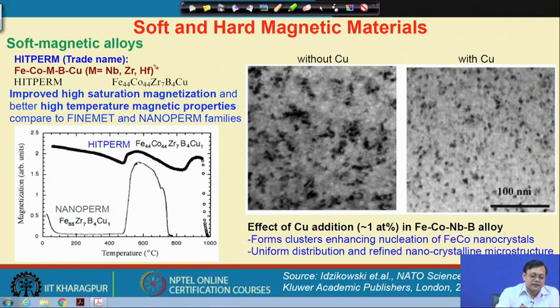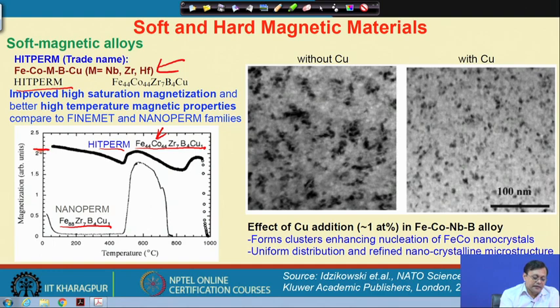Please have a look. This is iron, cobalt, manganese metal, with a metalloid like niobium, zirconium and hafnium in a HITPERM series of alloy. Just as a comparison, here is the HITPERM series of alloy where cobalt is added, and this is the Nano Perm.